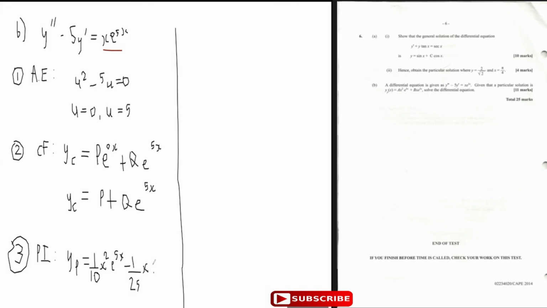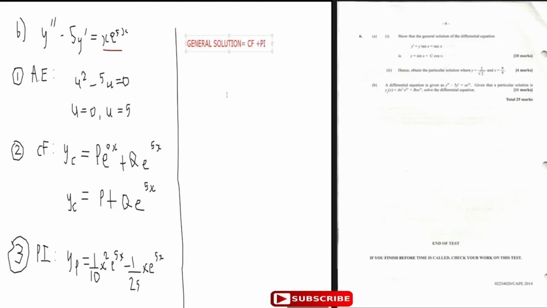Now again, this is not the answer. We haven't finished yet. So now we need the general solution. You have to remember that the general solution is equal to the complementary function plus the particular integral.